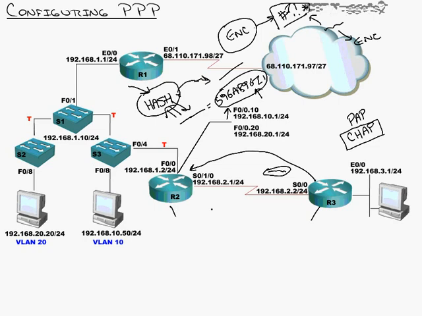So let me give you an example. If I wanted to have authentication going between router 2 and router 3, I would have to type in the same password on both sides. We'll say the password is Cisco. Once I have that typed in both sides, this one, if it needs to authenticate to the other side, will run this through a hash. It's technically known as an MD5 hash.